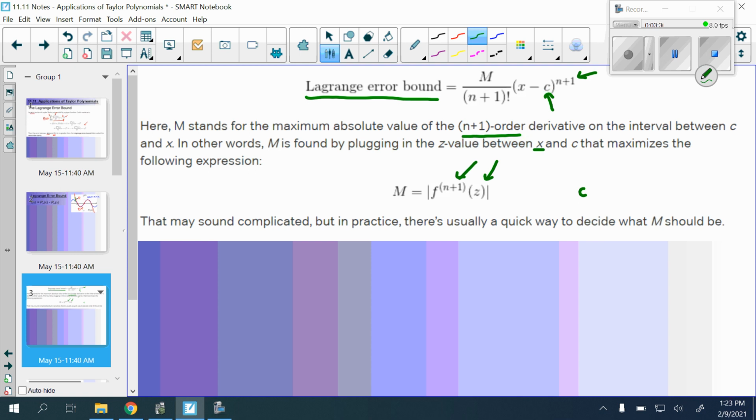So any value between x and c. We want the biggest the derivative could be on that interval, and that is our M. It sounds complicated, but in practice, there's usually a pretty quick way to decide what M should be, and we'll look at it in an example next.